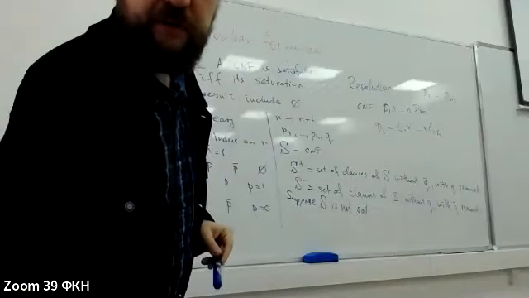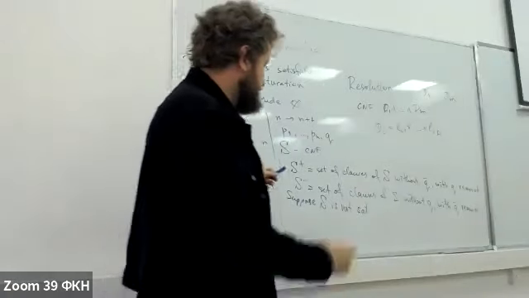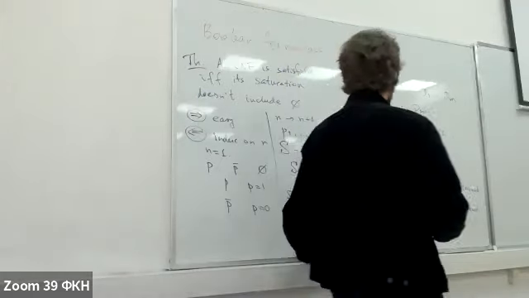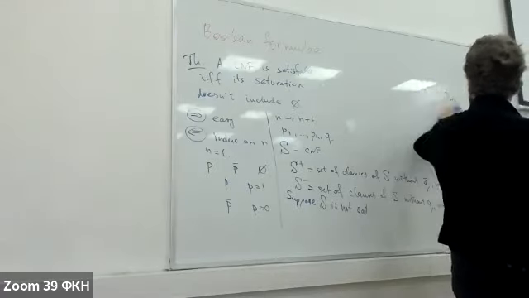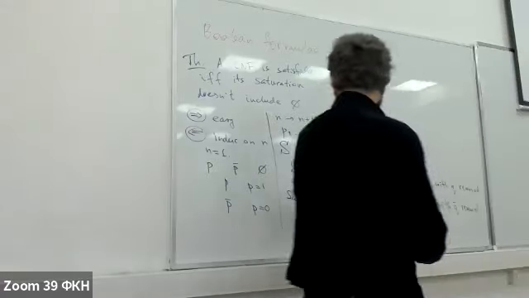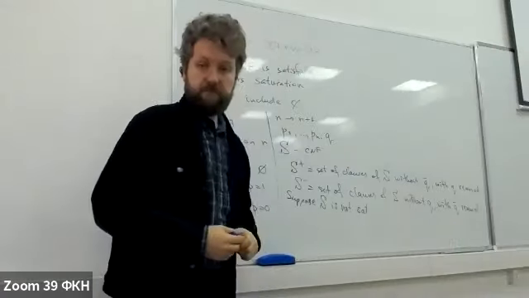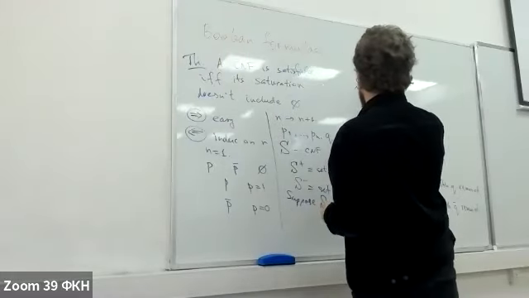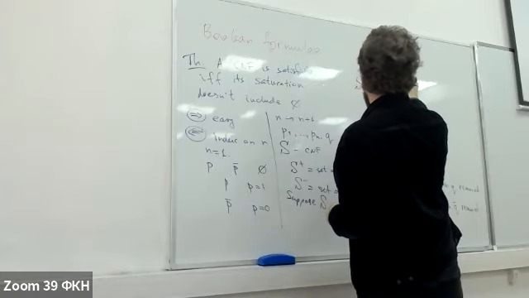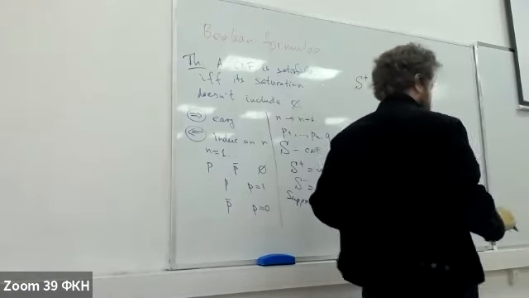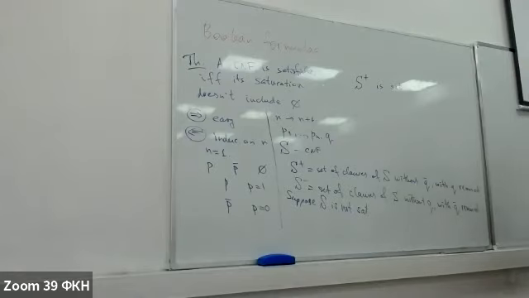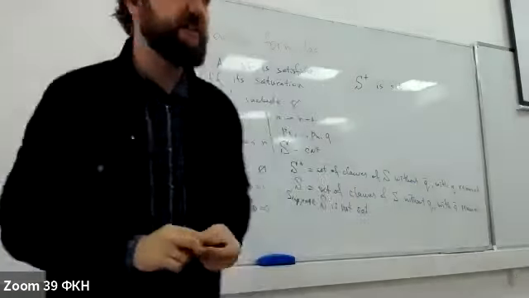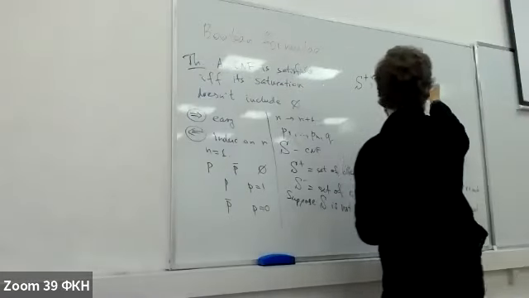And we shall prove that in this case, both of these guys are also not satisfiable. So how do we proceed? S is not satisfiable. So suppose that S plus is satisfiable. If S plus is satisfiable, what does this mean? There exists a satisfying assignment alpha.